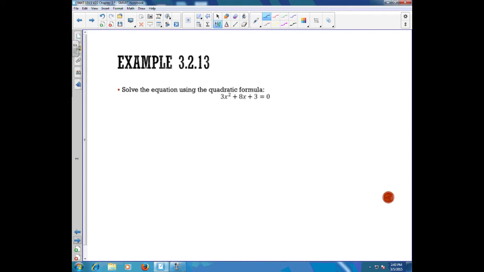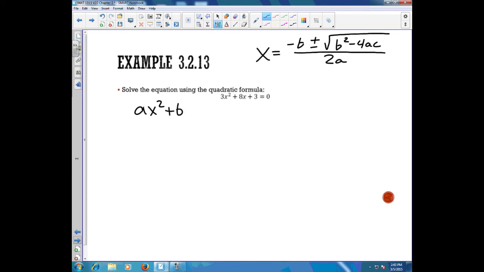So we want to solve this equation using the quadratic formula. I'm going to write the quadratic formula up here. Negative b plus or minus the square root of b squared minus 4ac over 2 times a. When we're looking at this function, remember that we're using the form ax squared plus bx plus c equals 0.